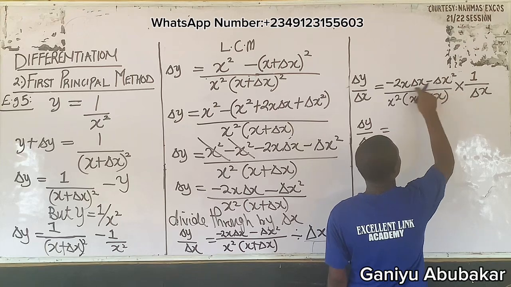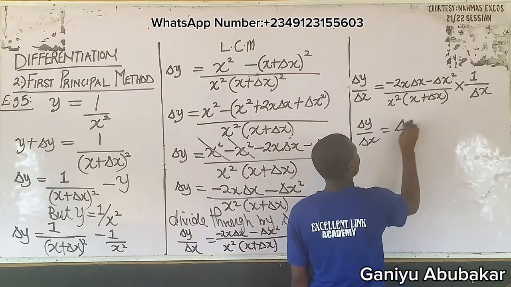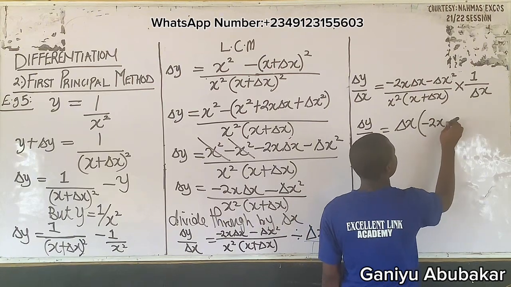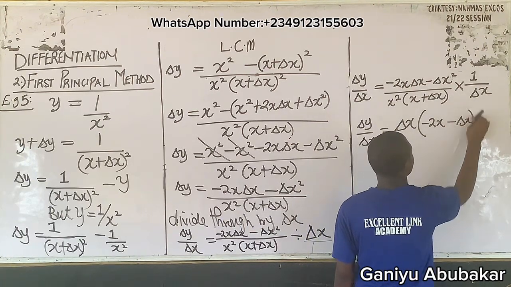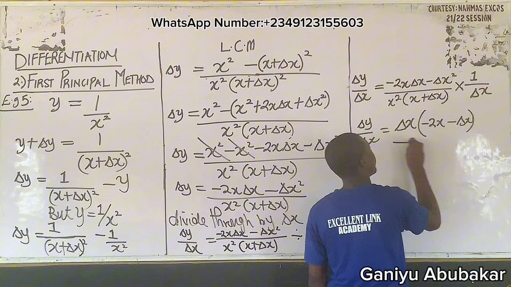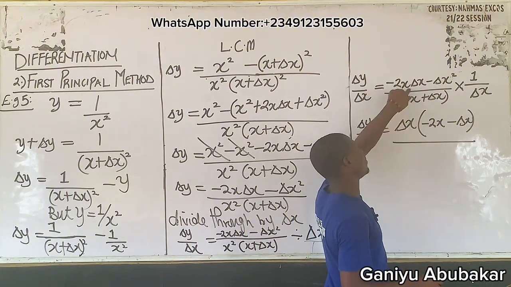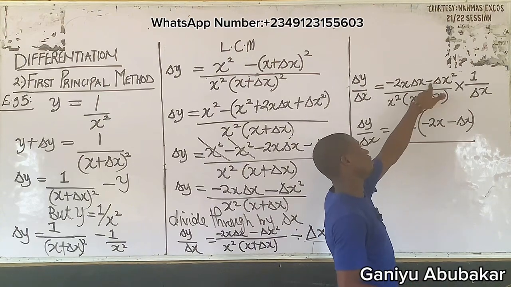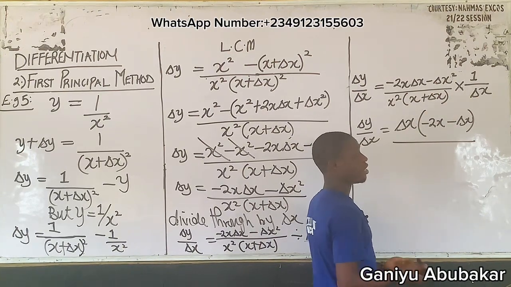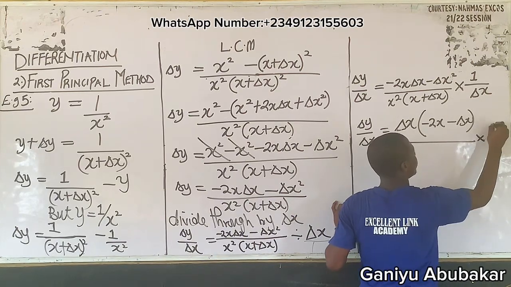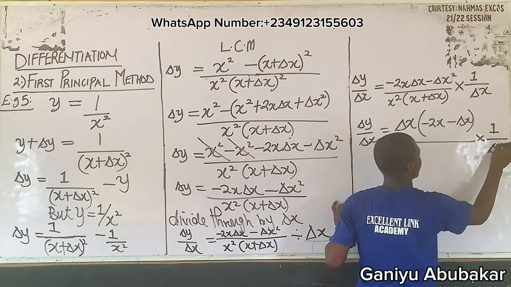In what way? This becomes change in y over change in x is equal to, observe that change in x is common from the two, bring out change in x into minus 2x minus change in x, right? All over what? Observe that this times this I'll have this, this times this I'll have this, so it's like factorizing. That's the concept. So this times 1 over change in x.